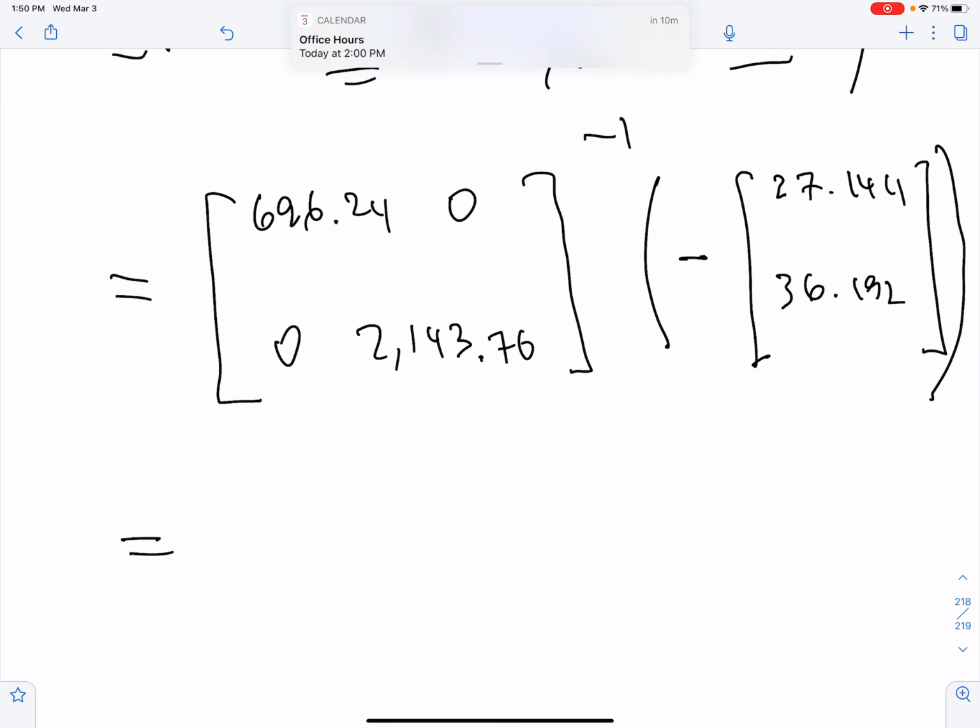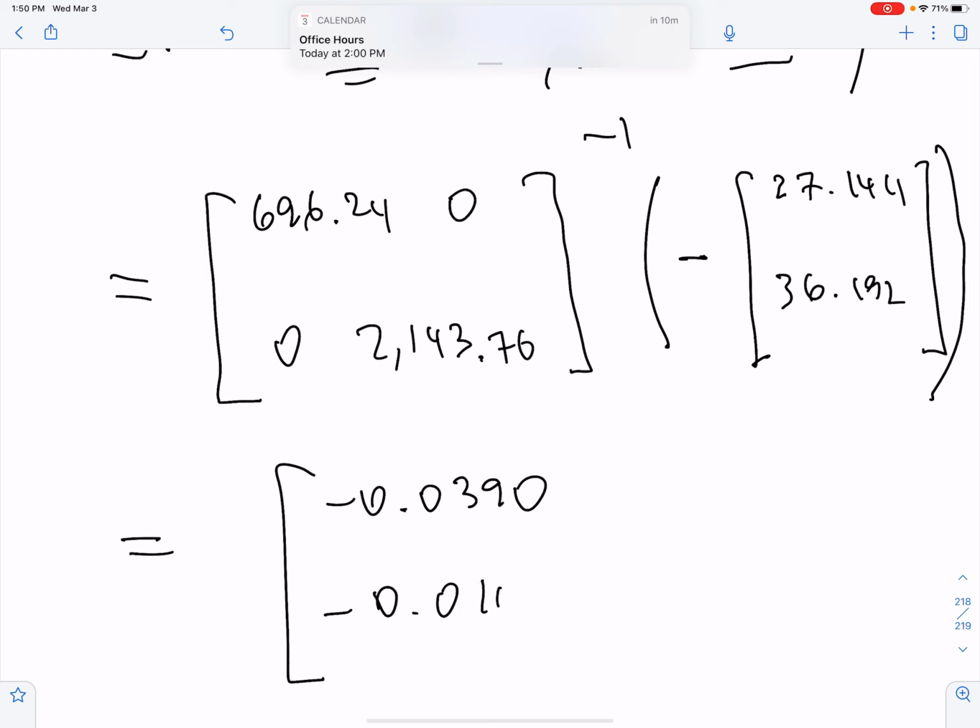And if we work out the end result, we get minus 0.0390 and minus 0.0169.